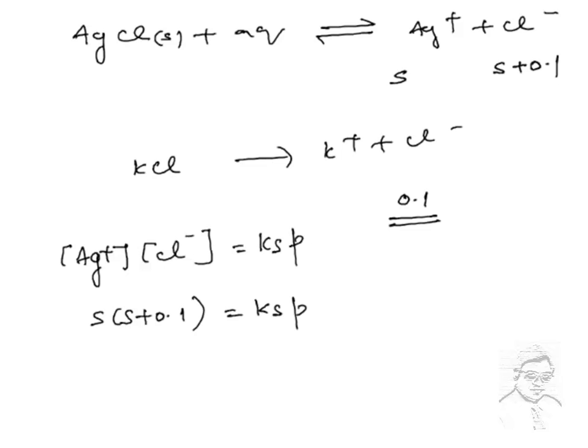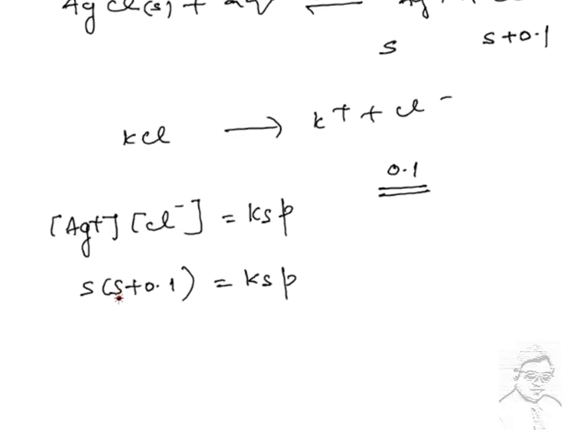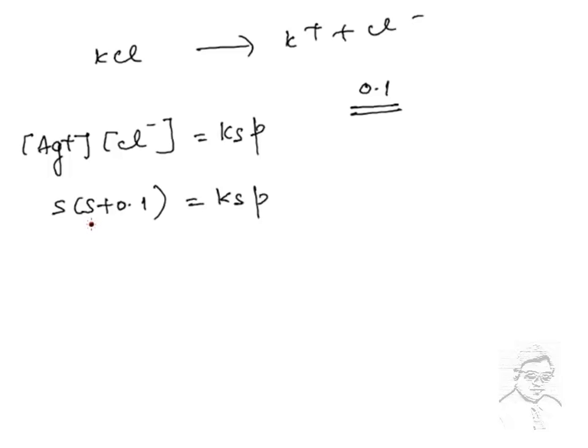Now one more point here. While doing this type of case, we make an approximation if it is justified. S is going to be normally quite small, so it can often be neglected.